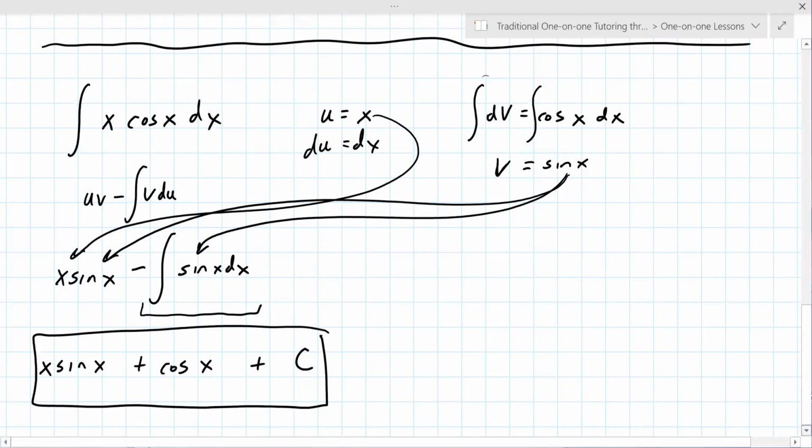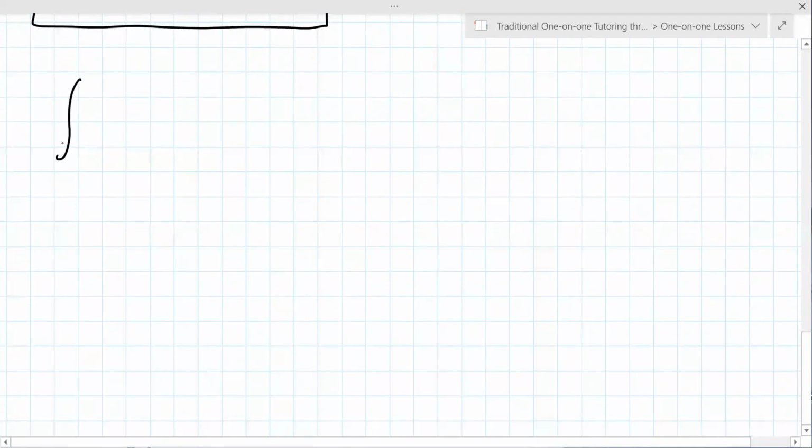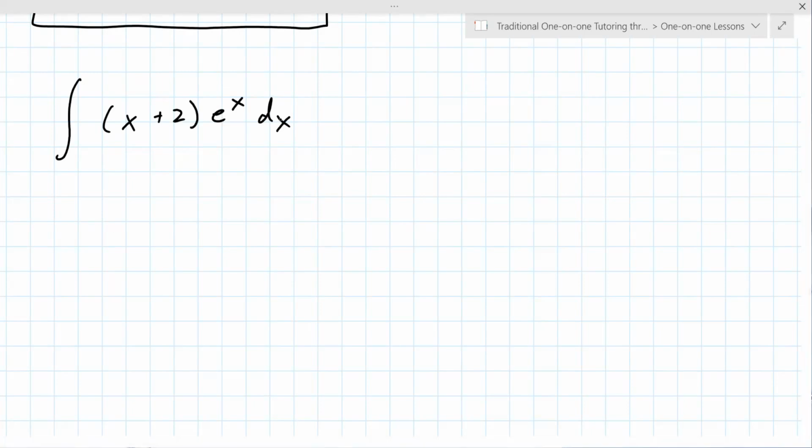All right, do you want to officially try one on your own? Yes. All right, so let's go: integral of x plus 2 times e to the x dx. Go ahead and give this a try, please.